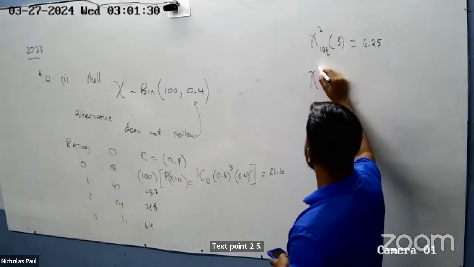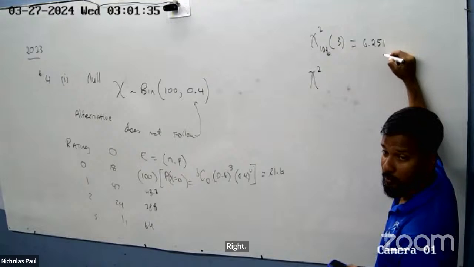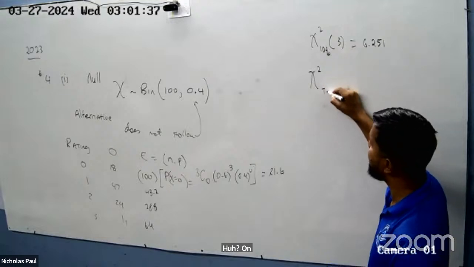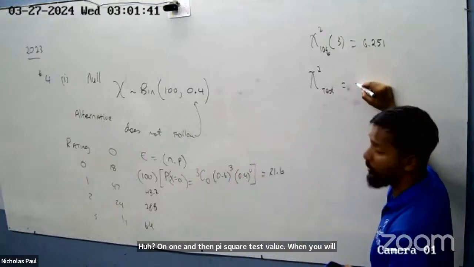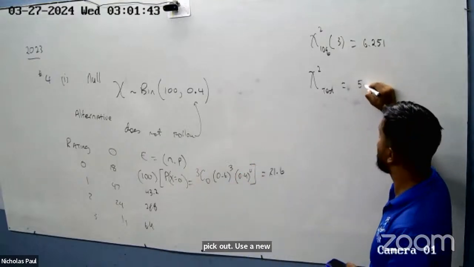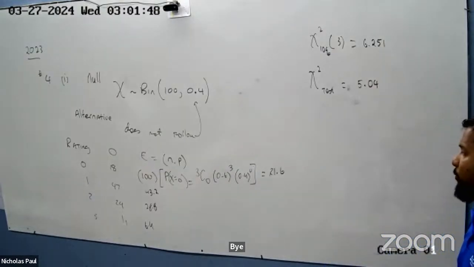And then the chi-squared test value. When you work it out using the formula, how much did you get? 5.04.